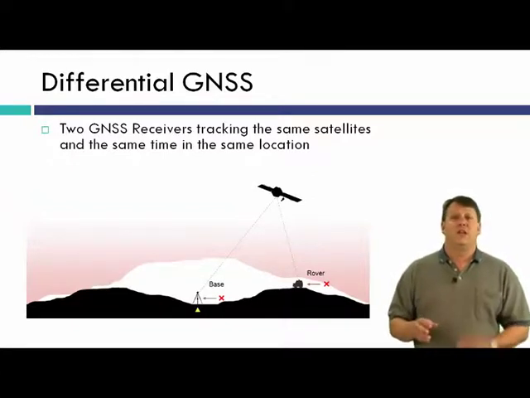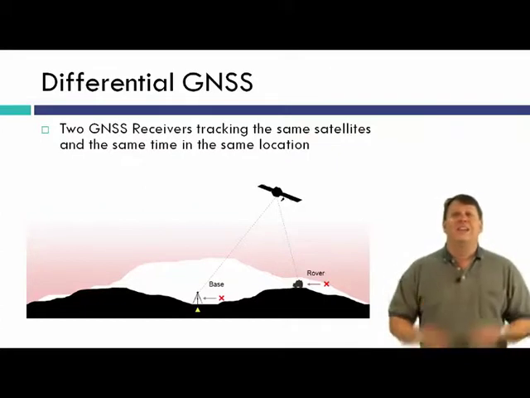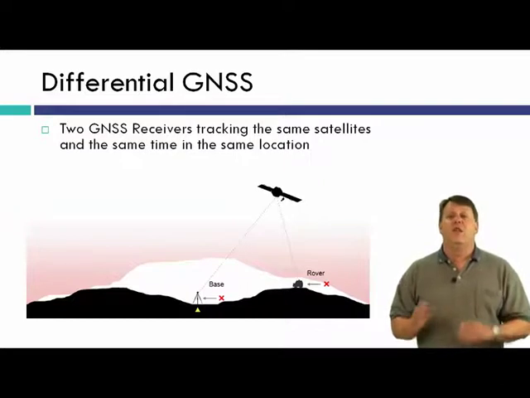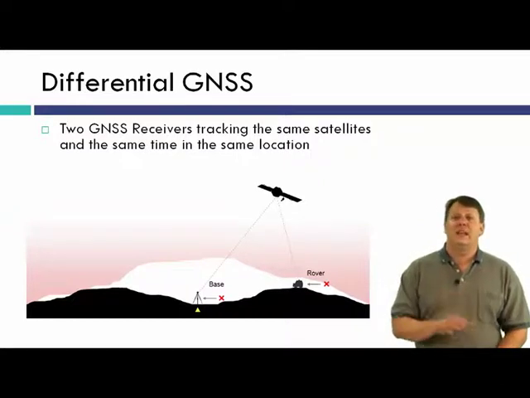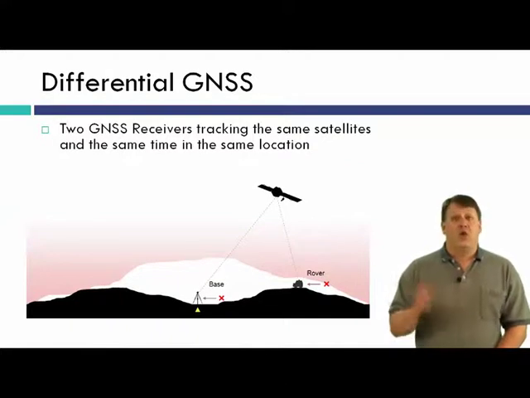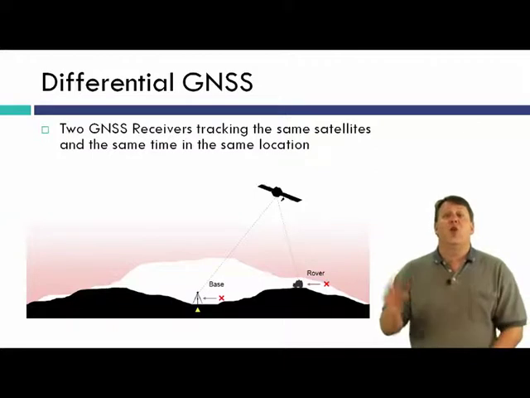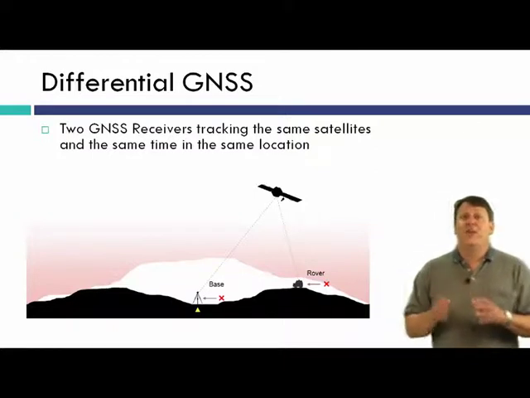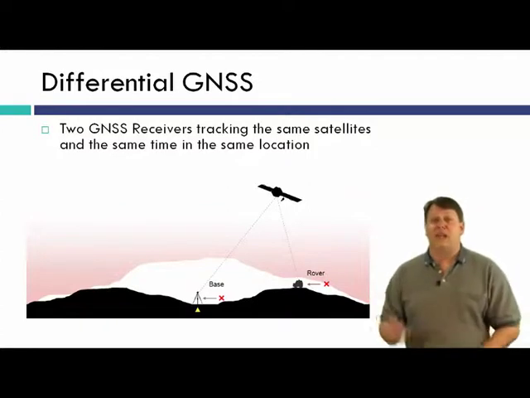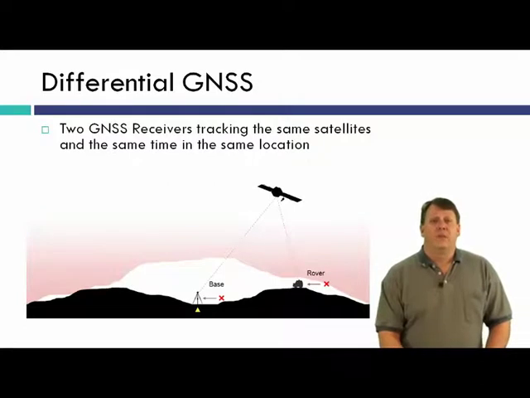The second receiver, called the rover, hey, that's us collecting data out in the field, is seeing the same satellites as the base station, and therefore we can say the errors between the base and the rover are common. We can then take the errors or corrections from our base station and apply these corrections to our rover measurements, either as they are being taken out in the field or sometime later, like back in the office. That's the secret to differential GNSS.